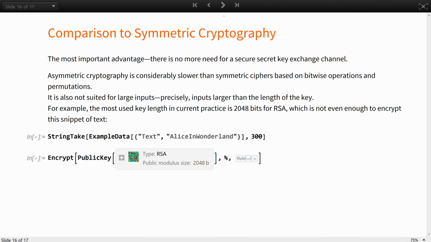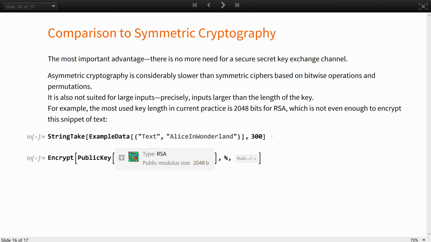The most important advantage of public key cryptosystems is the one they were initially designed for. There is no more need for a secure secret key exchange channel. However, public key encryption systems will not simply replace traditional symmetric encryption just yet.